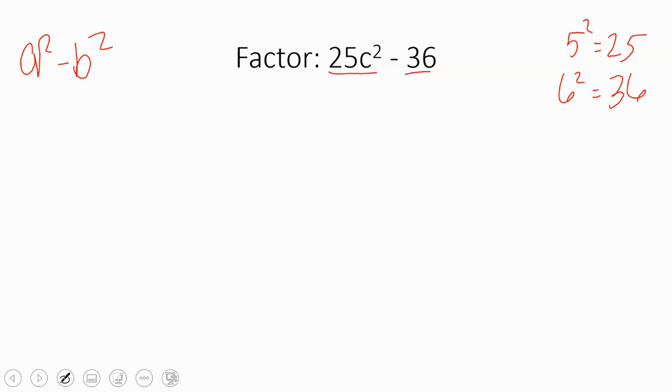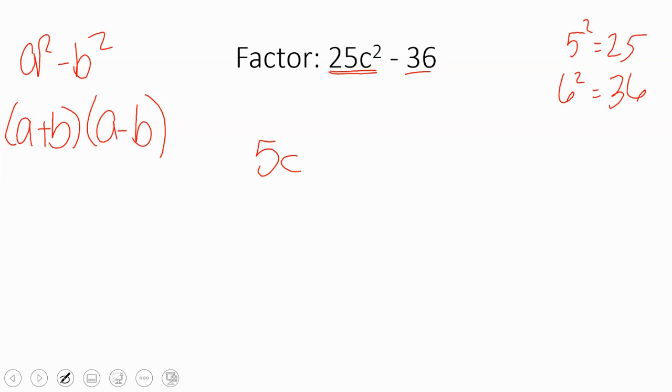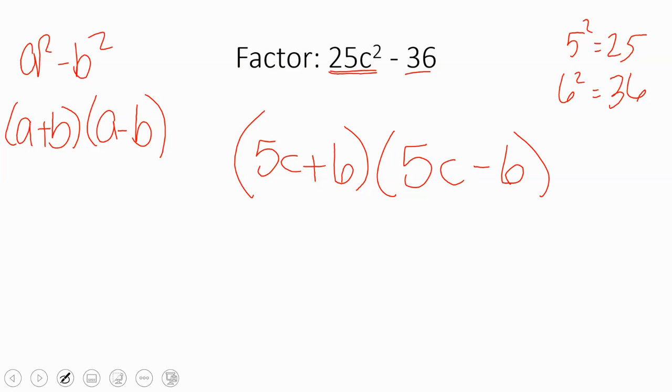And the other thing you have to remember, difference of perfect squares, there has to be a minus sign between those, which there is. So we can go ahead and use our formula. Our formula says you must take the square root of each term. So the square root of 25c squared is 5c. The square root of 36 is 6. We use those same terms, but with a minus sign.